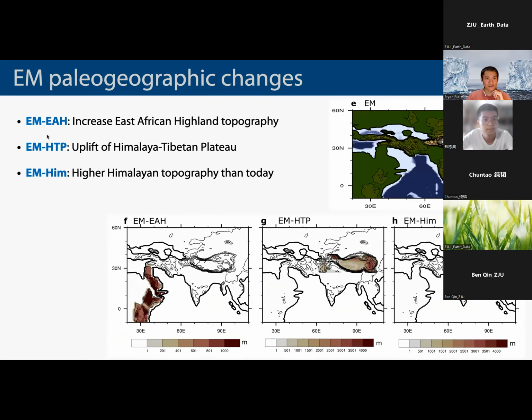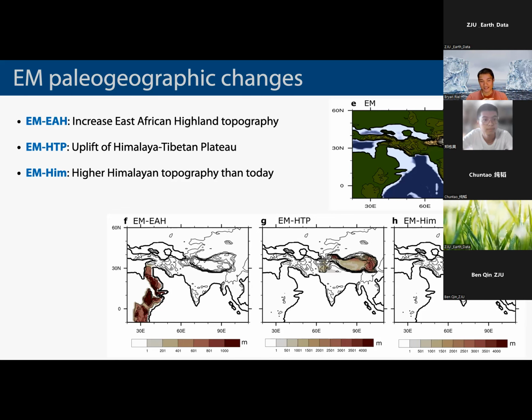And so they also looked at changes in the early Miocene. I think the main focus of these simulations was to see what is the effect of the Himalayan Tibetan Plateau. As I mentioned earlier, one of the main hypotheses for driving the formation of the South Asian monsoon was the formation of the Himalayan mountains, this big topographic feature, which is essentially what's causing the seasonal cycle of rainfall.